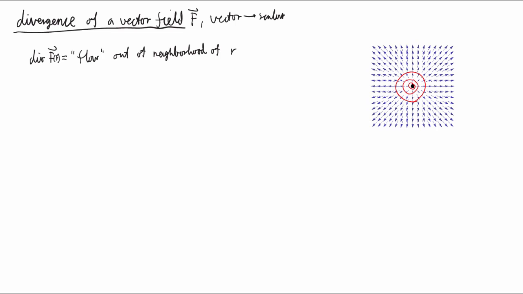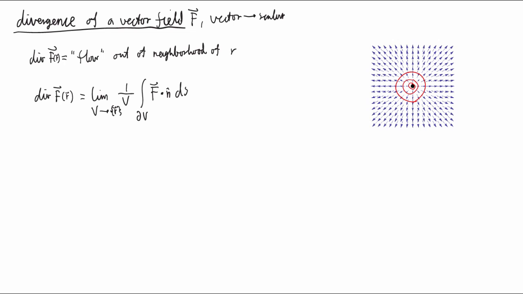So the definition then is that the divergence of F at the point R equals the limit as some volume shrinks to a small neighborhood around the point R of 1 divided by the volume V, and then you take the integral around the surface of V, that's what ∂V means, of F scalar n hat dS.